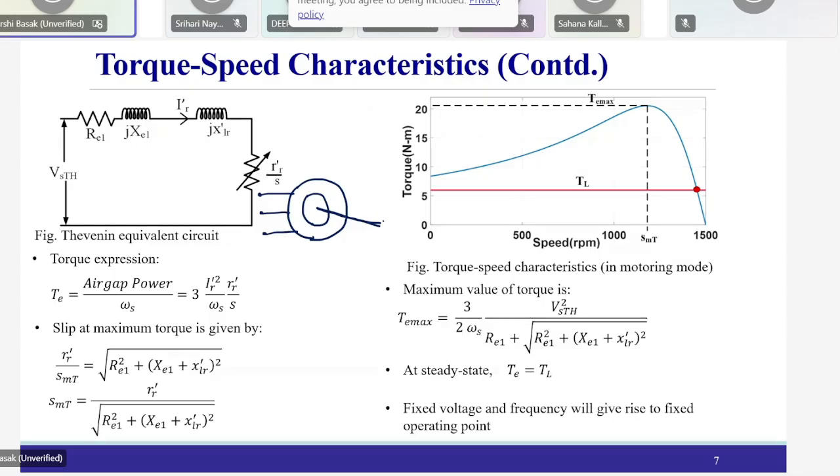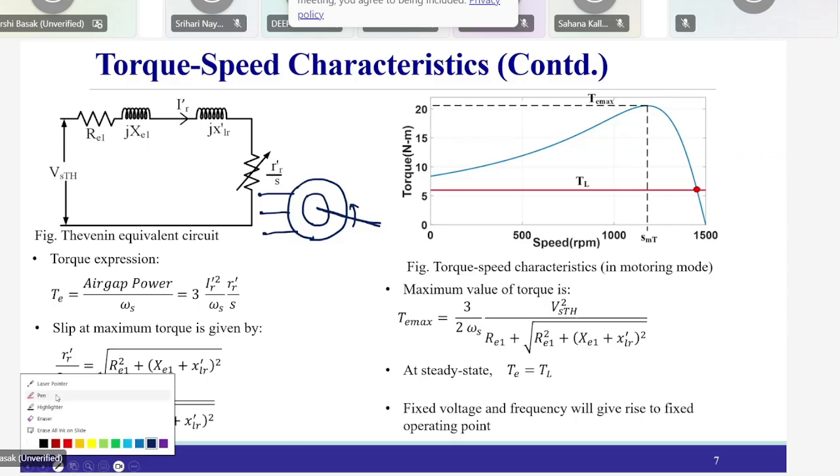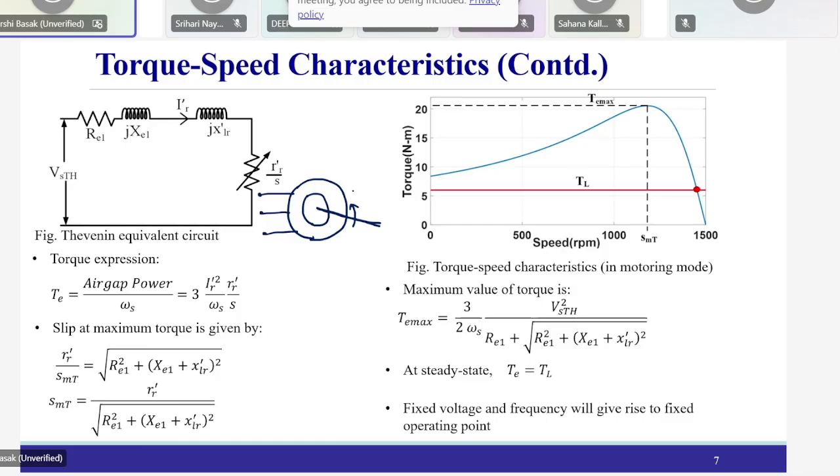So it is trying to drive a load. It is producing a torque. So suppose it is producing a torque in this direction, and there is a load torque which is in the reverse direction. Right? There is a load torque in the reverse direction. It is given by T_L.